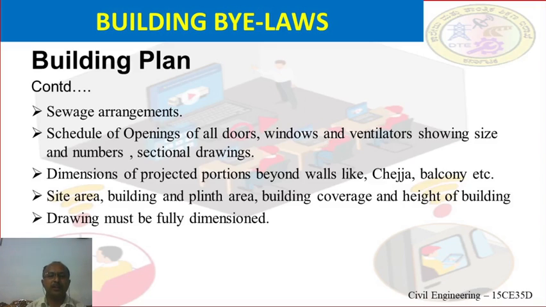The building plan will also include the sectional drawings. That means the foundation details, the height of the room and the bed concrete. The sectional drawing starts from the foundation, and the total depth of the foundation is to be indicated in the sectional drawings.